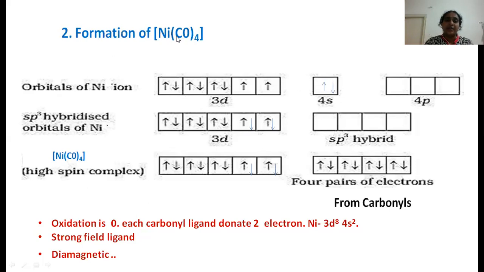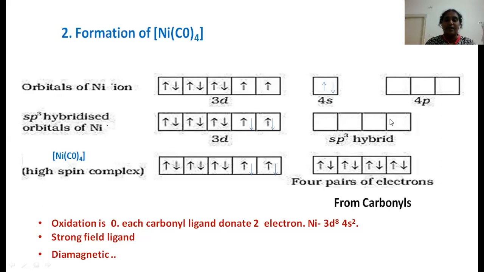Here, because the carbonyl group is a strong ligand, in the presence of strong ligands, electron pairing will take place. So the two electrons in the s orbital will come here and take the pairing. Because of the pairing of these electrons, this orbital will become empty, and the empty s orbital and 3 p orbitals will undergo hybridization and form the sp3 hybridization.